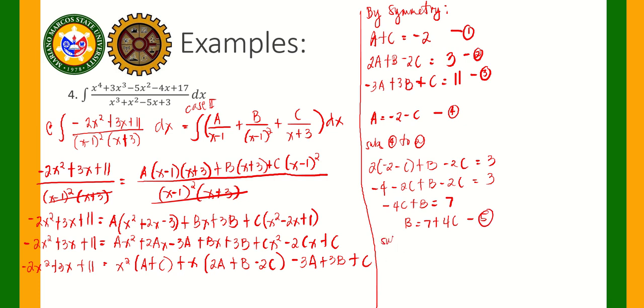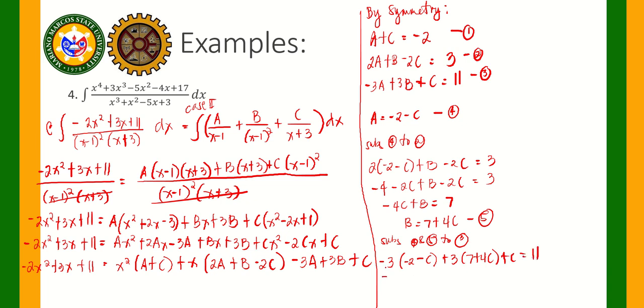Now, we substitute equation 4 and 5 to equation 3. Dito sa part na to solve for c. Okay? So, this will be equal to negative 3 times what is our a, that is negative 2 minus c, plus 3 times 7 plus 4c, and then plus c equal to 11.